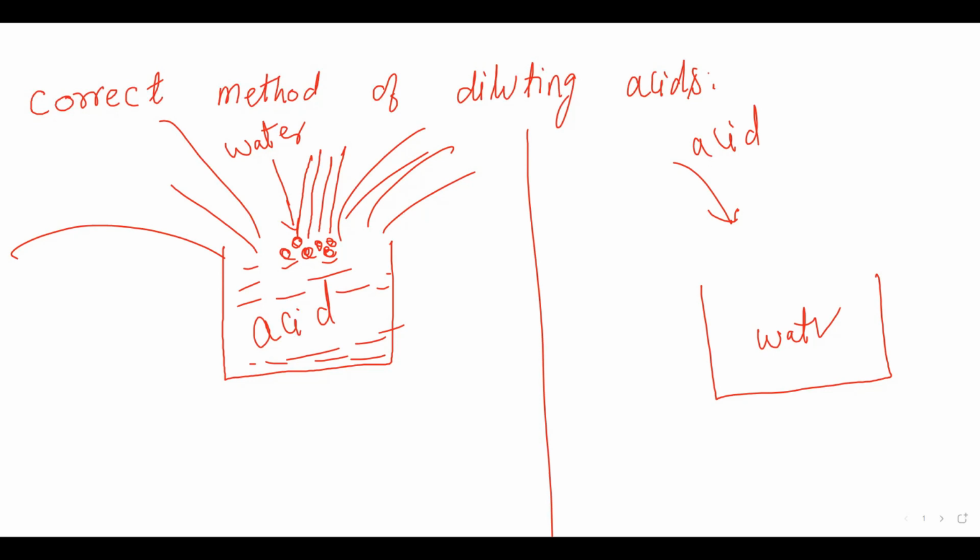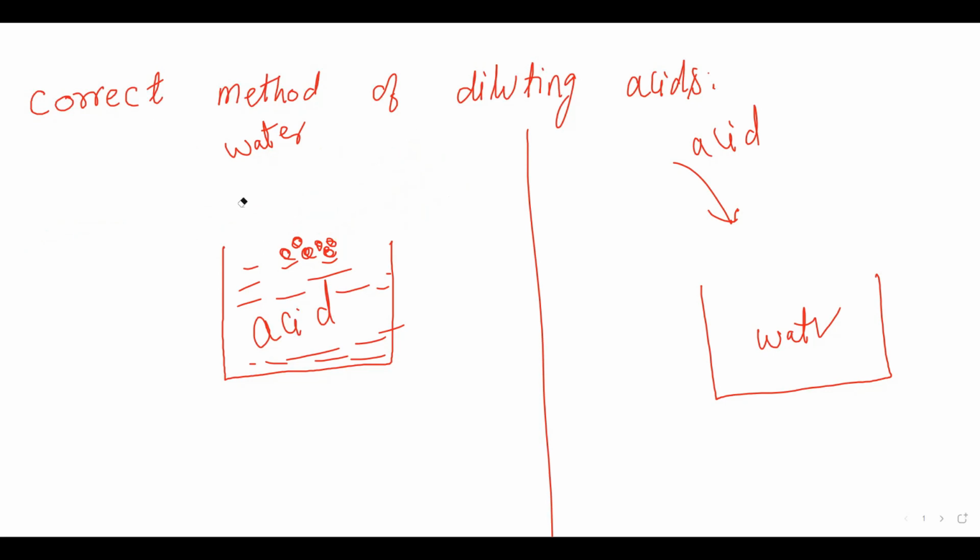So what is the best method of diluting? The correct way of diluting is that acid should be added to water, and you should add acid dropwise, continuously stirring the water glass. Water is a good coolant.